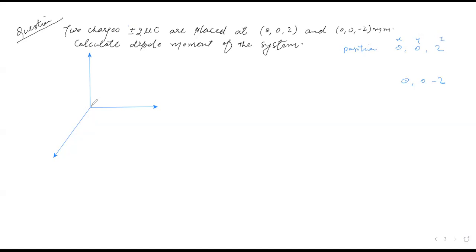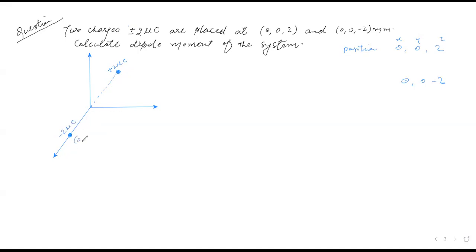When you draw this line along there, this is the position of the charge, which is your plus 2 microcoulomb. And another charge is placed at this position. This is your minus 2 microcoulomb.